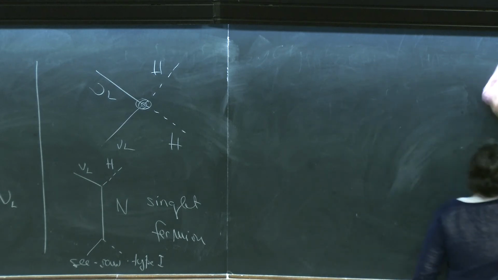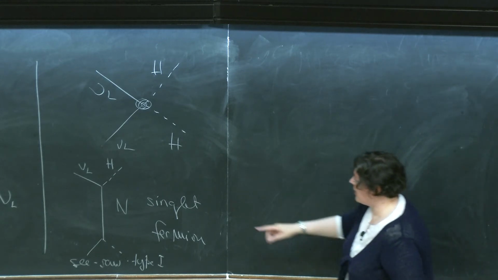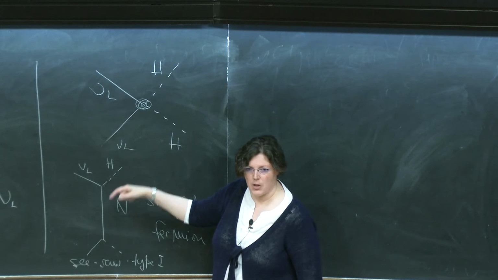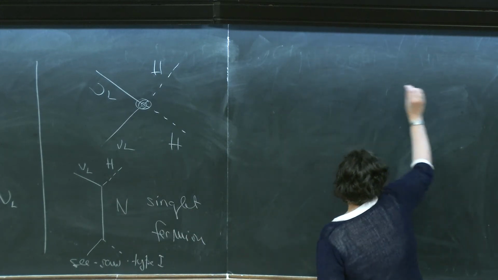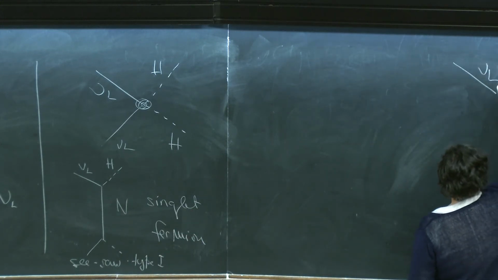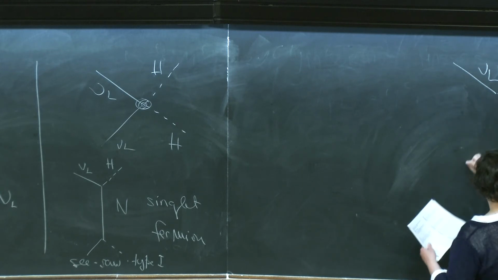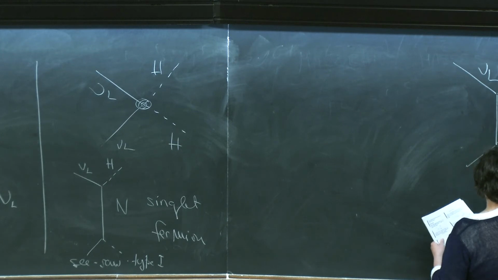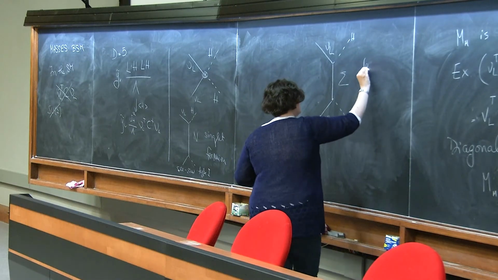There are two other ways in which I can do that. First of all, instead of making the singlet combination, I can make the triplet combination. This is called the seesaw type 3. This is a fermionic triplet.